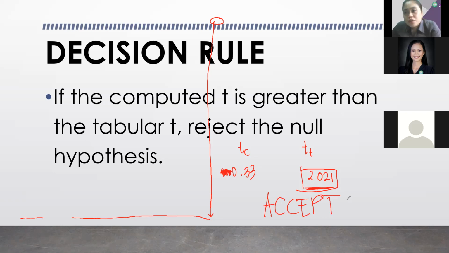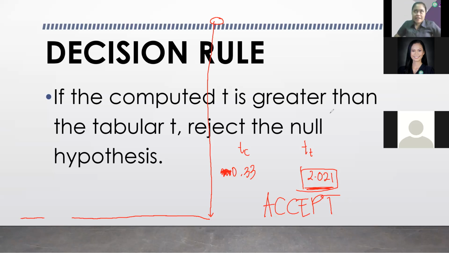So whether you use the p-value for the JASP or use the t-score na nasa JASP, ganun pa rin yung magiging decision natin. Accept the null hypothesis. Okay? So you can just check kung tama ba yung naging decision mo sa JASP with the t-score para sure na sure ka talaga with your decision. Pwede mo yun siya gamitin. Okay?